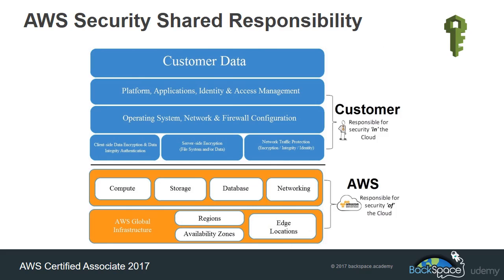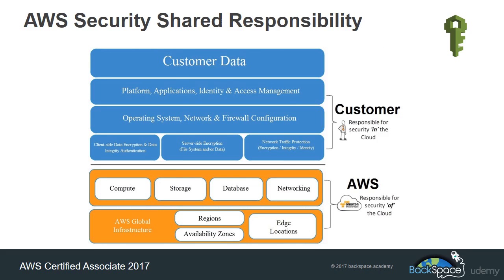So AWS has a security shared responsibility model of how security should work, with the interaction between the customer's responsibility and AWS's responsibility. Down at the bottom level, we have AWS responsible for security of the AWS infrastructure.